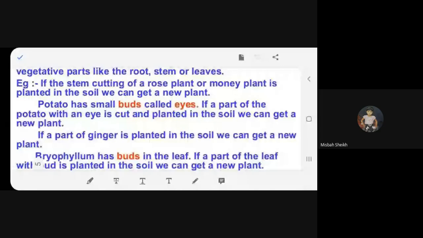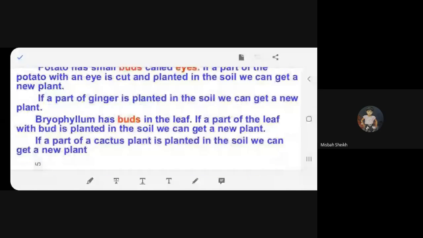If a part of ginger is planted in the soil, we can get a new plant. Bryophyllum has buds in the leaf. If a part of a leaf with bud is planted in the soil, we can get a new plant. If a part of cactus plant is planted in the soil, we can get a new plant.